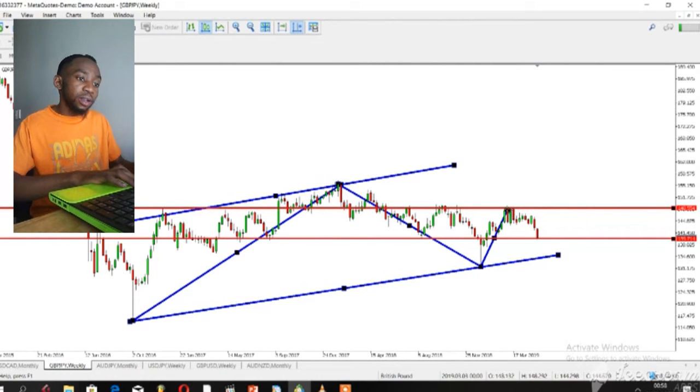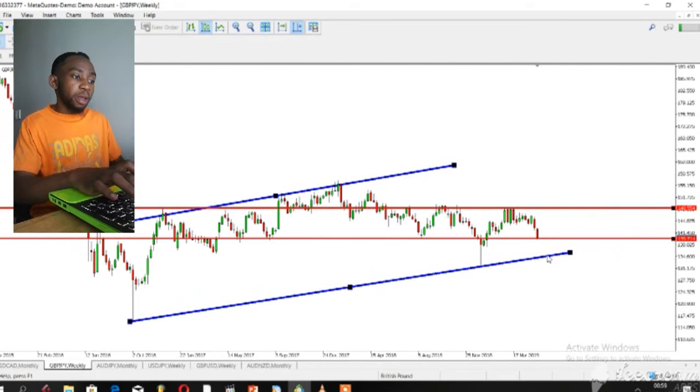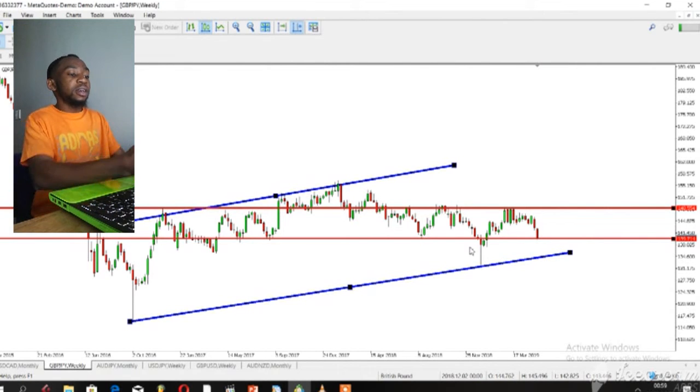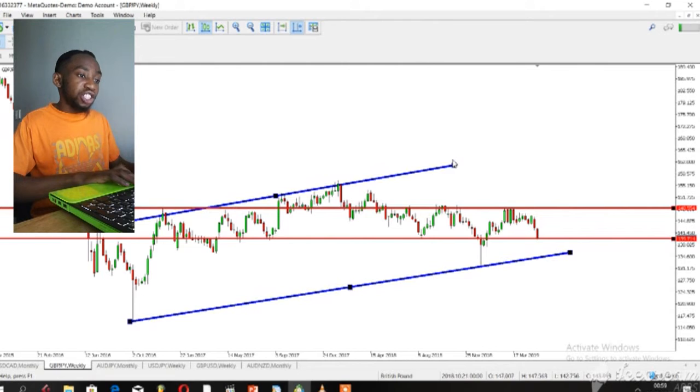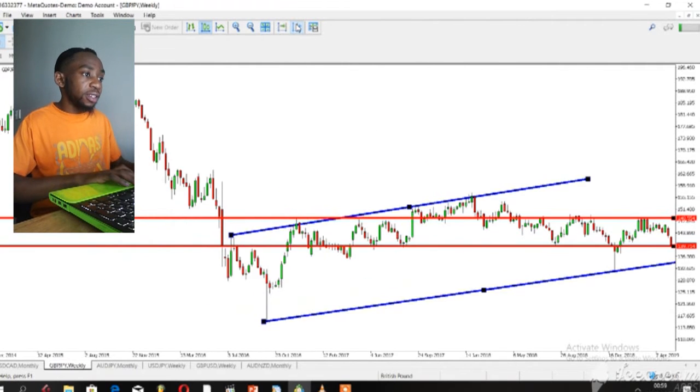Got rejected at this resistance level that I've drawn, and working itself currently down to the support of my trading channel. So you can see that the trend lines that are plotted on the chart have basically formed a channel where the price action is contained.